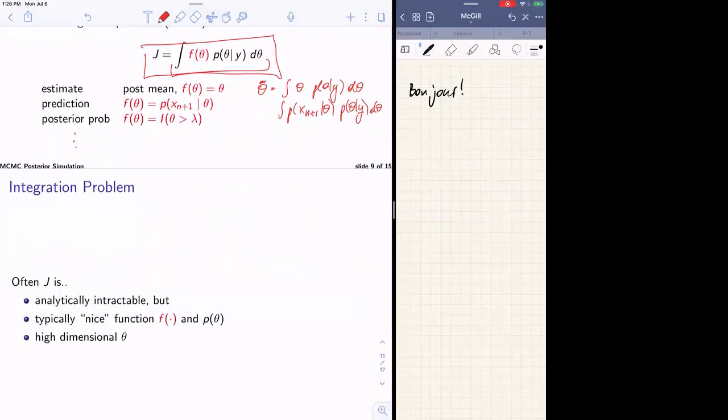So it's rarely analytically solvable. However, it's not difficult either, because typically that f of theta is not an arbitrarily complicated or irregular function. It's usually something very well behaved. You can also make an argument that the integrating measure, in our case the posterior distribution, is usually something very nice.